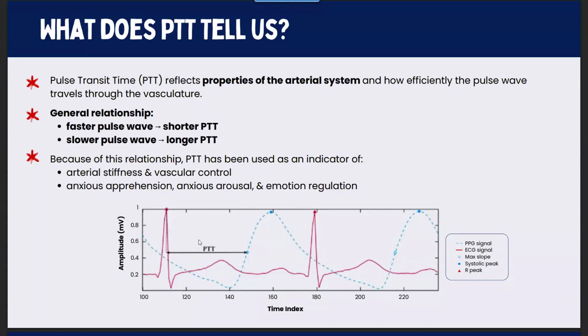So with this arterial stiffness, you'll often see these shorter PTTs. And this has also been associated with things like anxious apprehension, anxious arousal, and emotion dysregulation. We're seeing these shorter PTTs. And then opposite, if we have better vascular control, we'll be able to dampen this pulsatile waveform and slow the time in which the pulse arrives at the periphery.